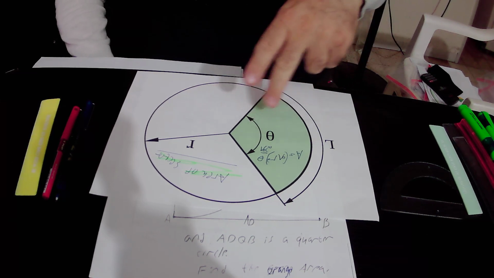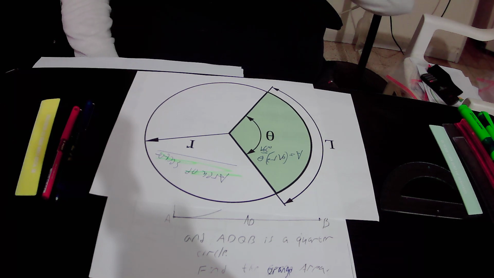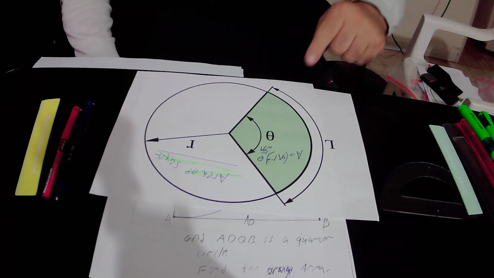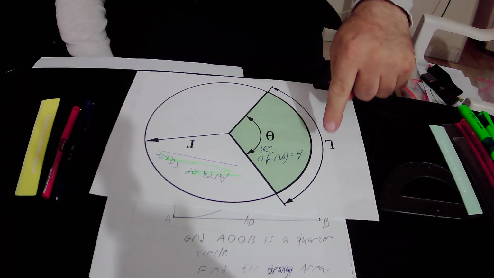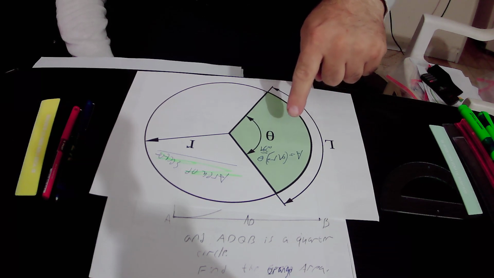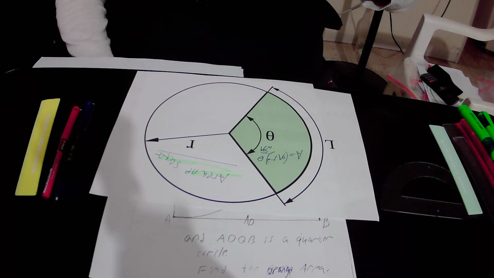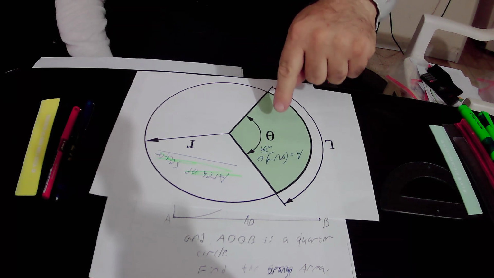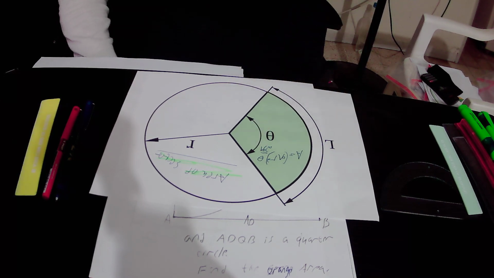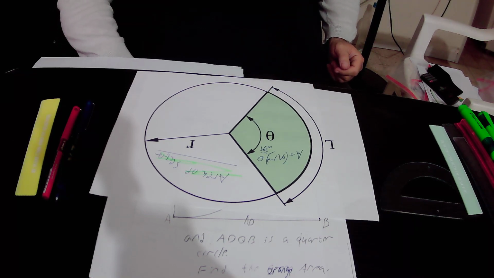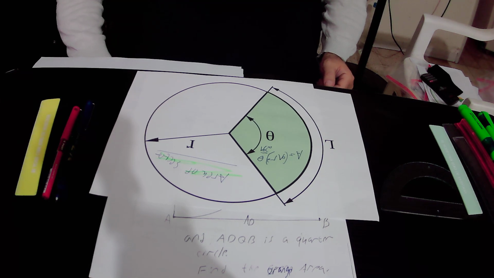That's the area of the green sector: pi r squared times theta over 2 pi, where theta is the angle between the two sides of the sector, and 2 pi is 360 degrees in terms of radians.